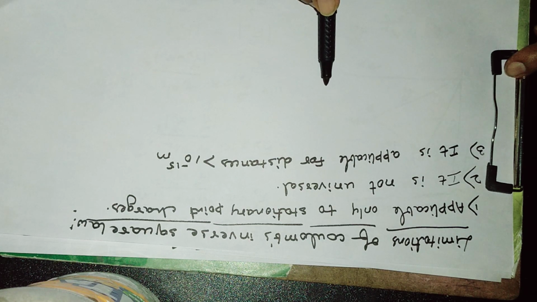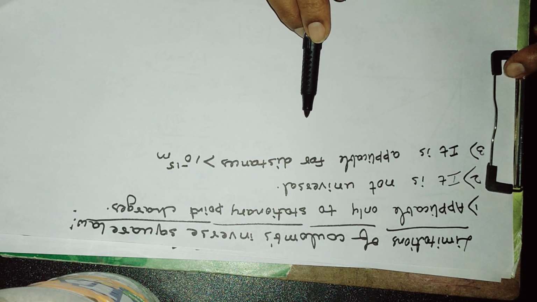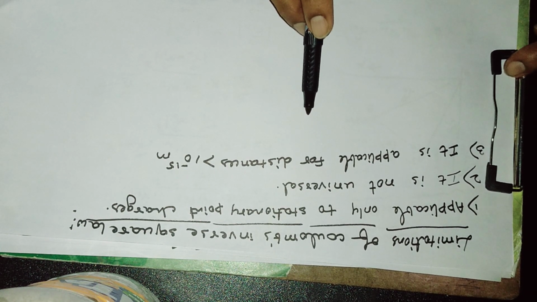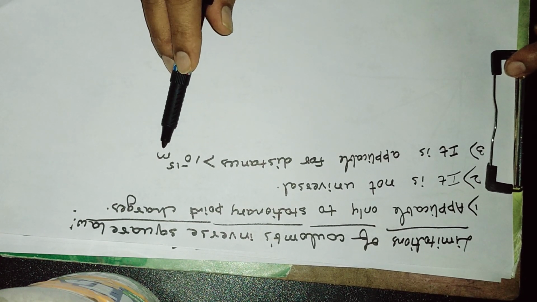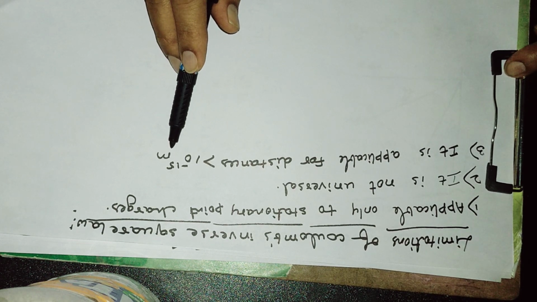If you want to apply Coulomb's inverse square law between two charges, you can apply it only when the distance between the two charges is greater than 10 raised to minus 15 meter. That's what you call 1 Fermi.